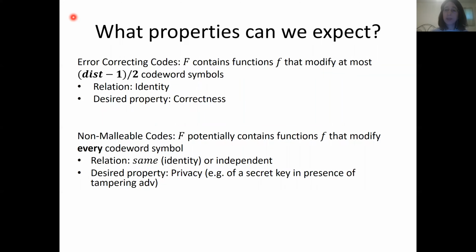Specifically, one of the applications of non-malleable codes is to tamper-resilient cryptography. Here we're going to encode the secret key of a device using a non-malleable code, and we're going to be able to guarantee that the secret key remains private even when an adversary can tamper with the encoding.